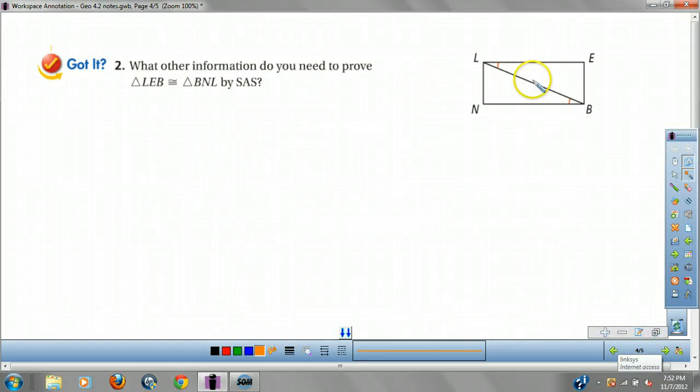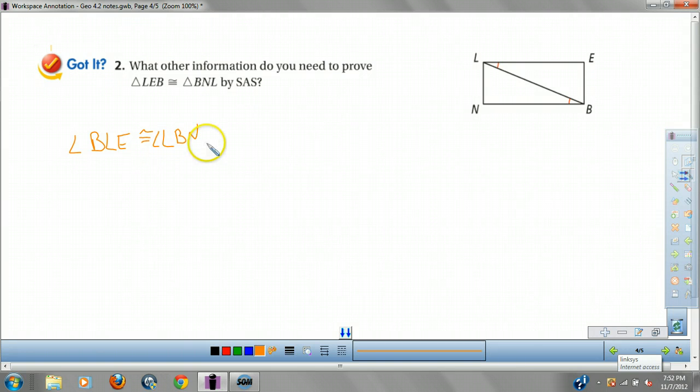So according to this, what other information do we need to prove these two triangles are congruent? Well, your triangles LEB and BNL. Well, I have an angle, right? I know angle BLE is congruent to angle LBN.